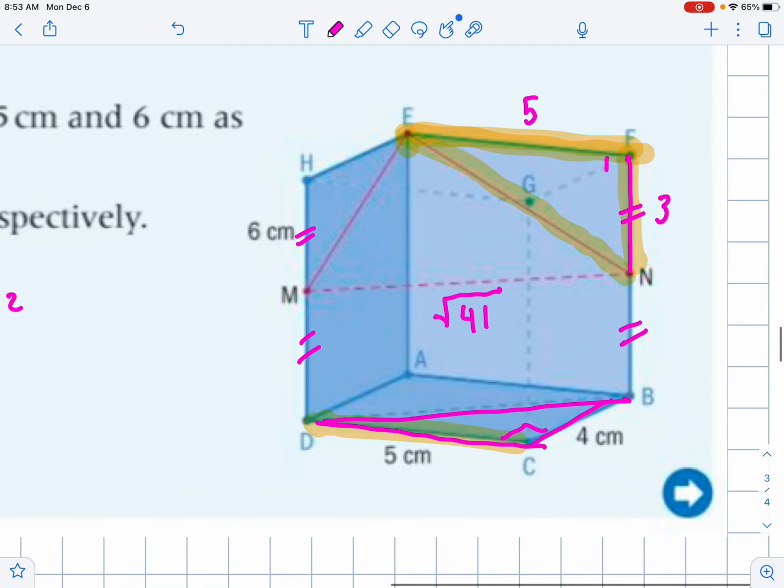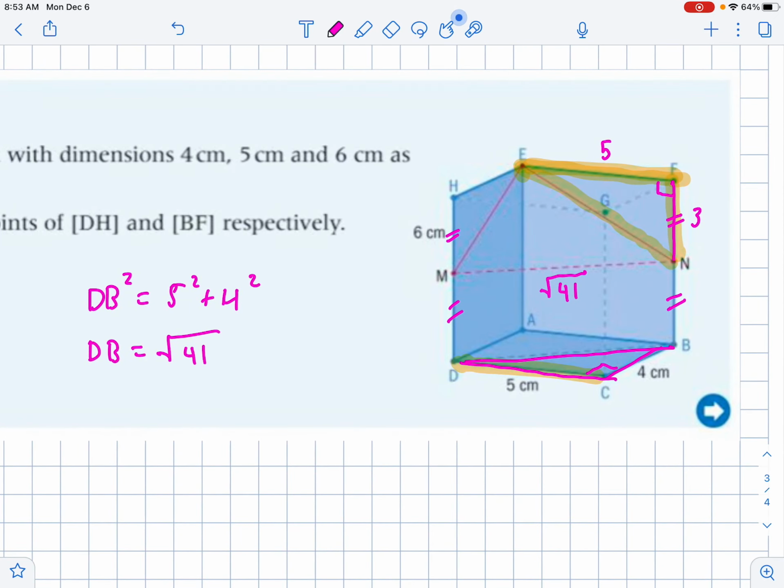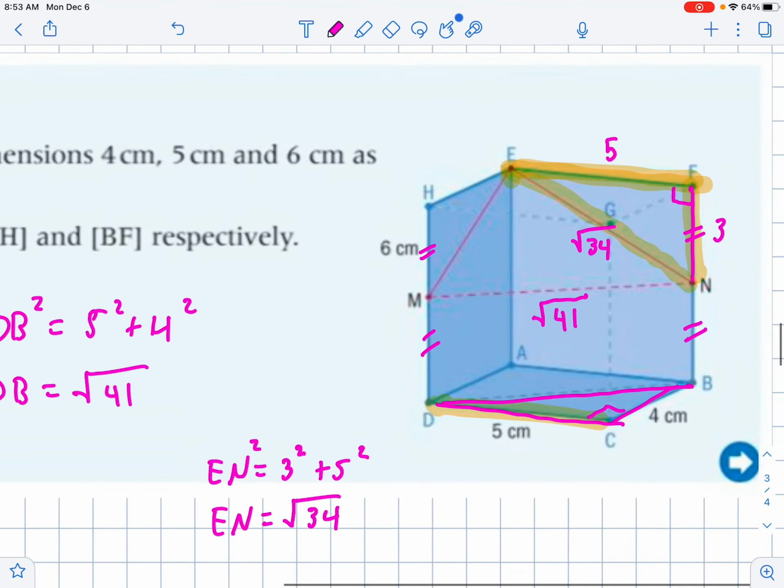So I can use Pythagorean Theorem again to figure out what EN is. So EN squared is going to be 3 squared plus 5 squared. 25 plus 9 is 34, so we get square root of 34 is that side. Okay, I got 2 sides in that triangle, but let's go for the third side.